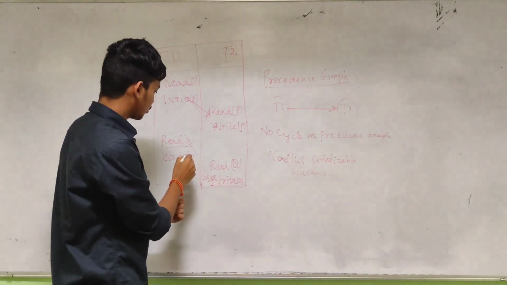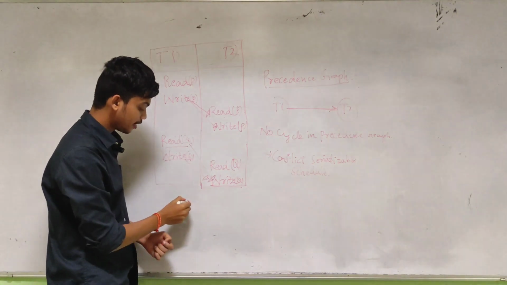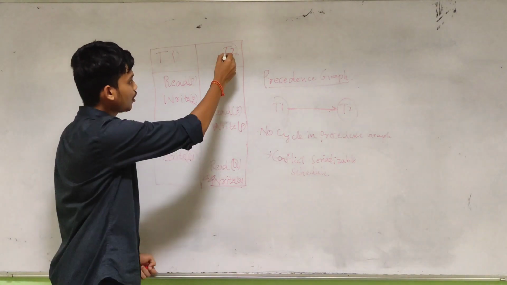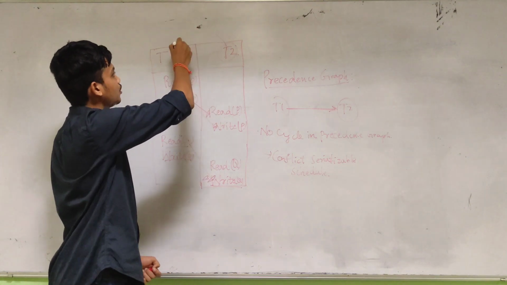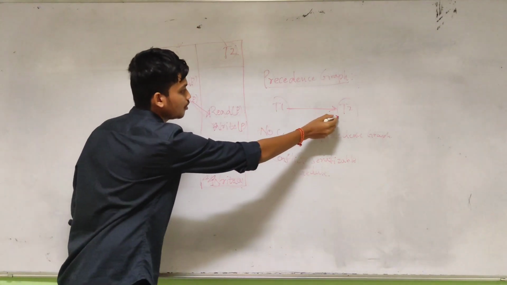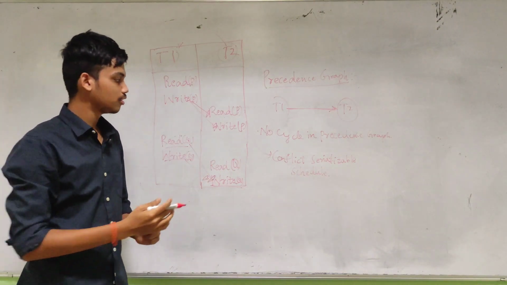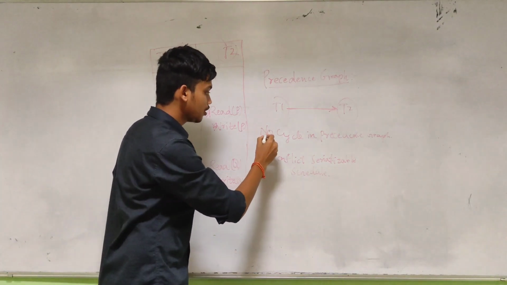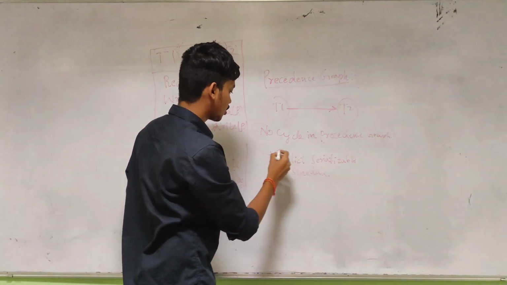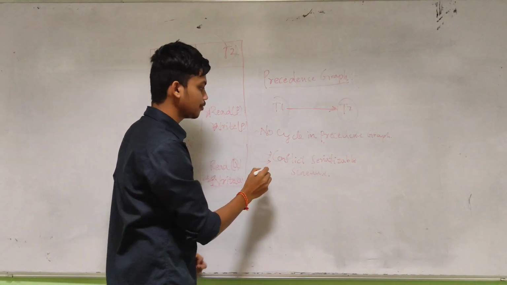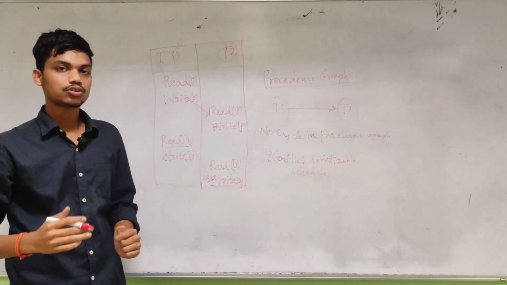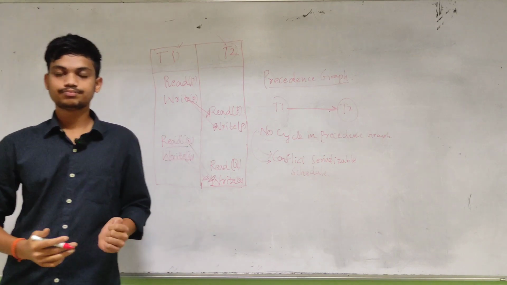If there were also an arrow from T2 to T1, it would form a cycle, and then it would not be conflict serializable. Note it down, this is very important. No cycle should be in the precedence graph; only then will the schedule be conflict serializable, or else it is not.